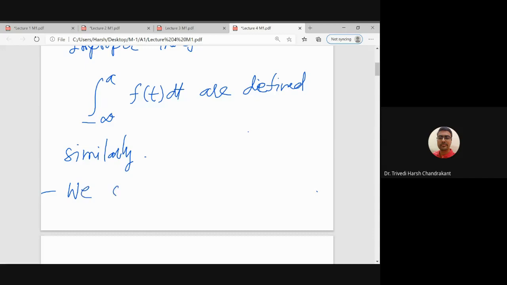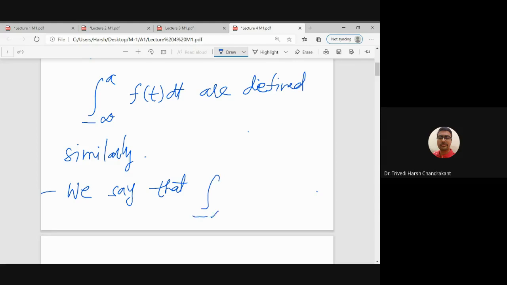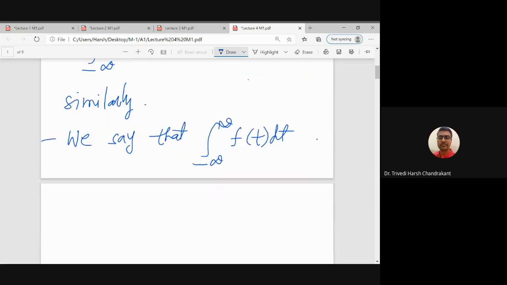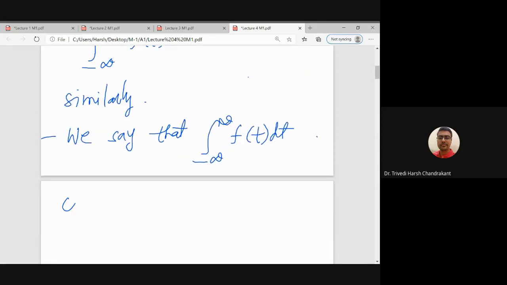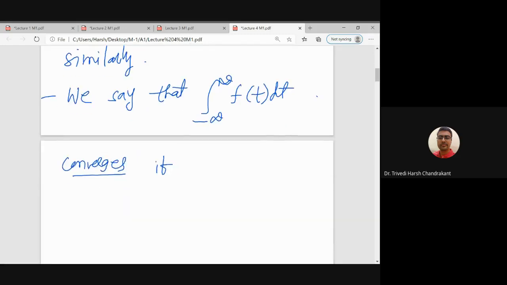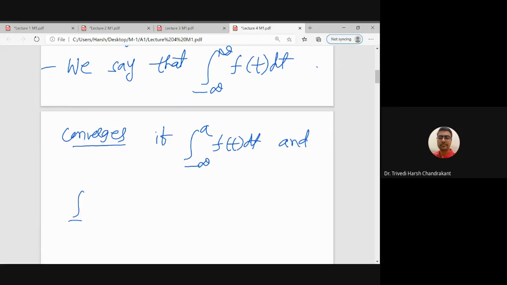So we say that the integral from minus infinity to infinity, that means we are integrating the function over the whole real line, converges if the integral from minus infinity to a of f(t) dt as well as the integral from a to infinity both converge.